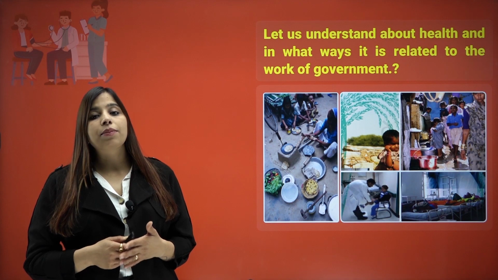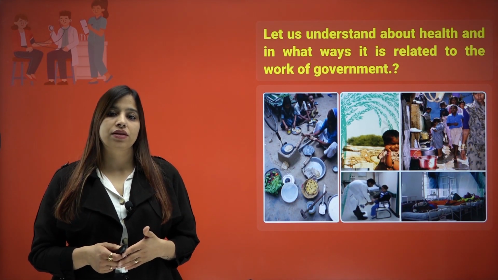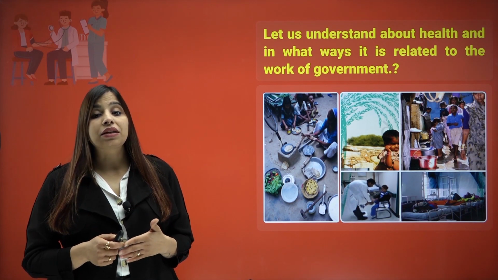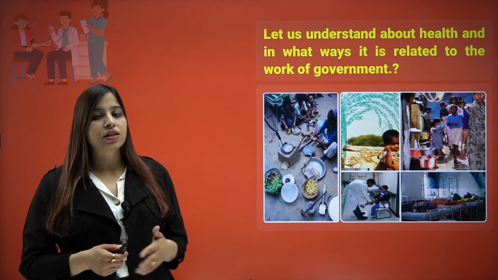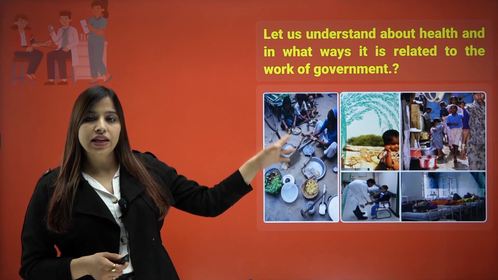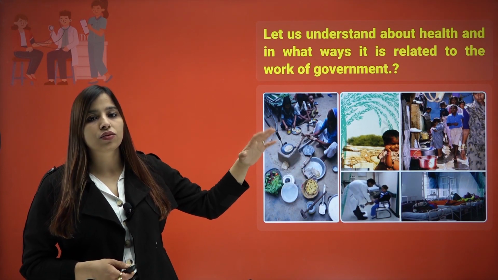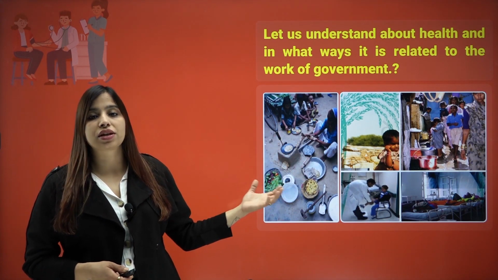Let us understand about health and in what ways it is related to the work of government. First, we have discussed India as a democratic country, and what is the role of the government? Now, there are a few pictures here on the screen. You see that there is an old lady and she is cooking food, but there is no proper kitchen.